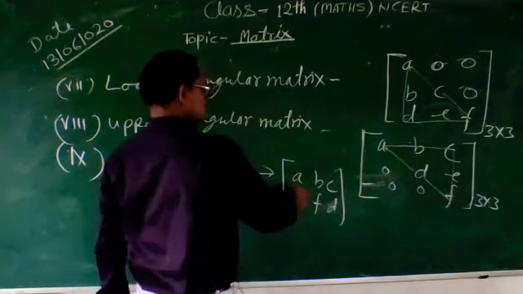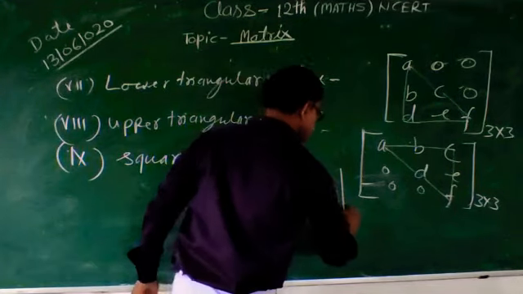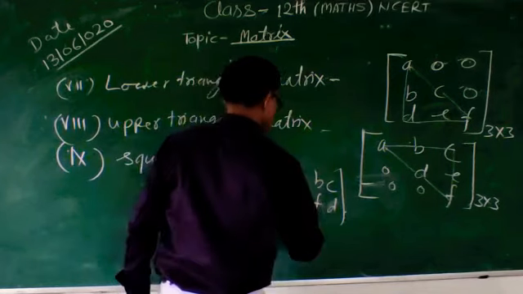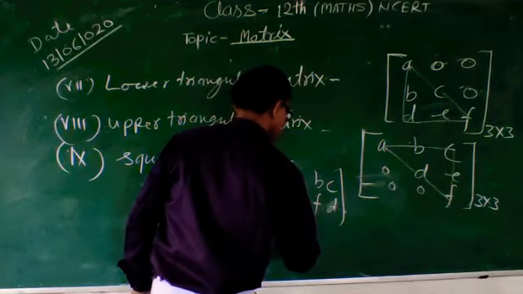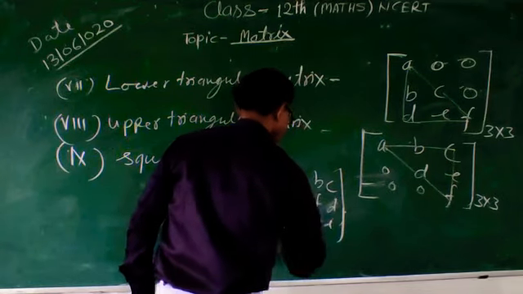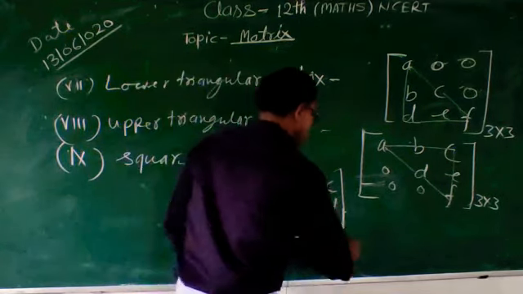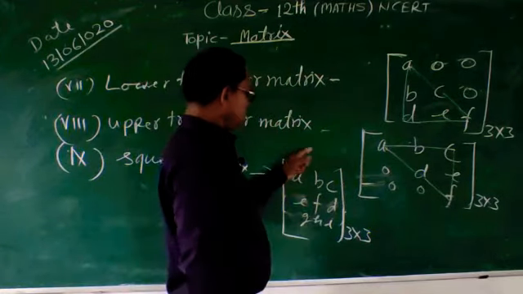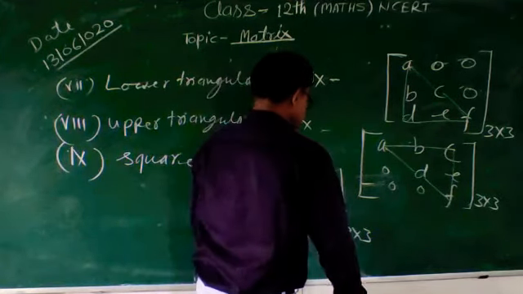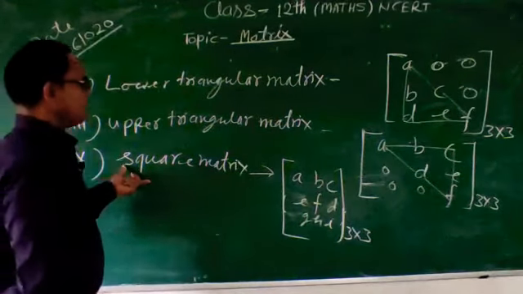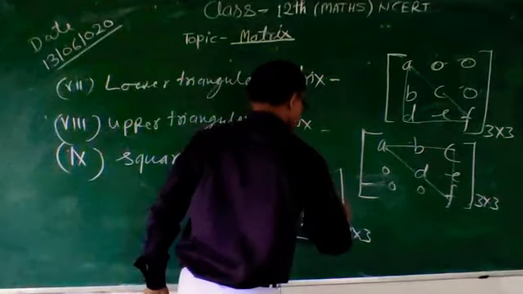These systems have the same order, 3 into 3, 3 rows and 3 columns. This type of system is known as a square matrix.